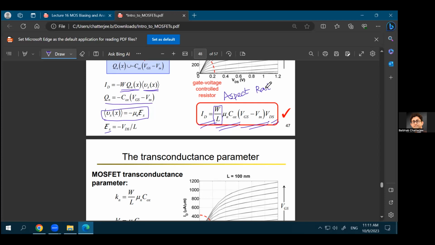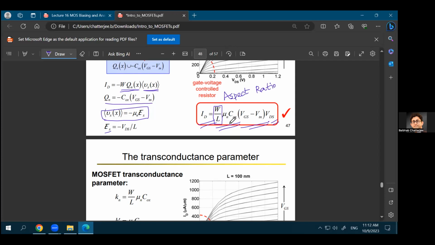So when you are asked to design a MOSFET based circuit, what you are basically asked is to find out this aspect ratio, find out this W over L ratio, and that is what is called designing a MOSFET based circuit. So we'll be designing amplifiers and filters and so on, and whenever we are talking about designing, it's basically finding out what would be the correct W over L ratio for your MOSFET. And that is also called the aspect ratio.